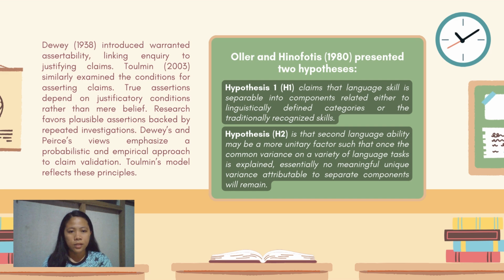Hypothesis 2, or H2, is that second language ability may be a more unitary factor, such that once the common variance on a variety of language tasks is explained, essentially no meaningful unique variance attributable to separate components will remain.